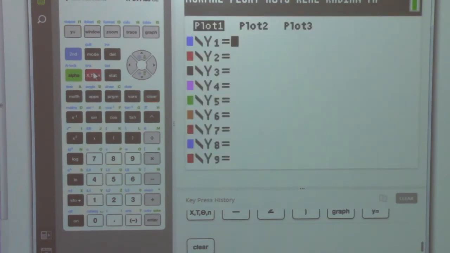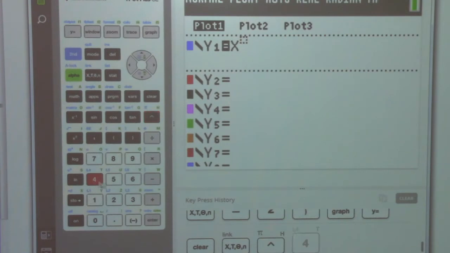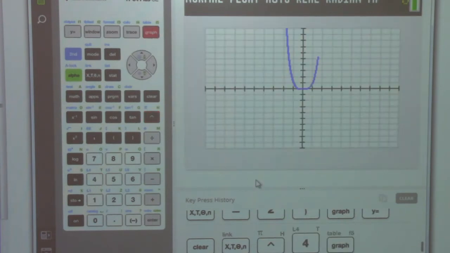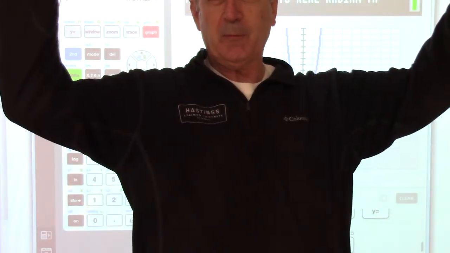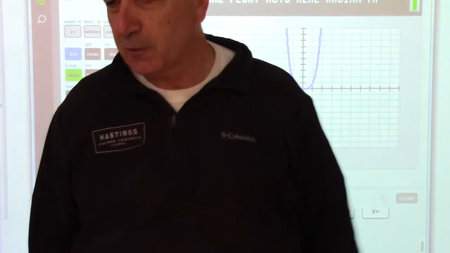So let's put x to the 4th and graph it. Is this going to be odd positive, odd negative, or even positive? This one here is even positive.